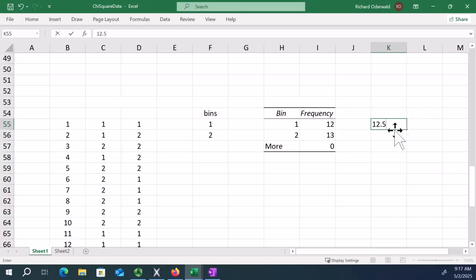And this is purely a categorical thing. I have 12 and a half heads that I expect out of 25. It's just the frequency. And for tails, I ought to have 12 and a half. These things don't necessarily represent anything.